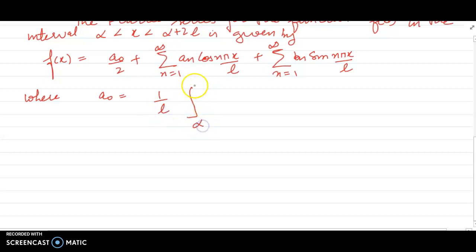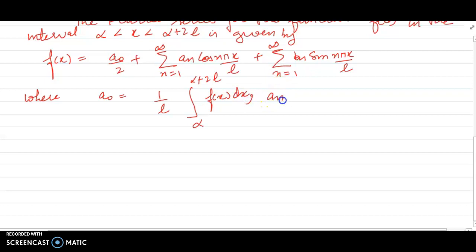To get the value of a0, integrate f of x within the range alpha to alpha plus 2l. This will give you the value of a0.